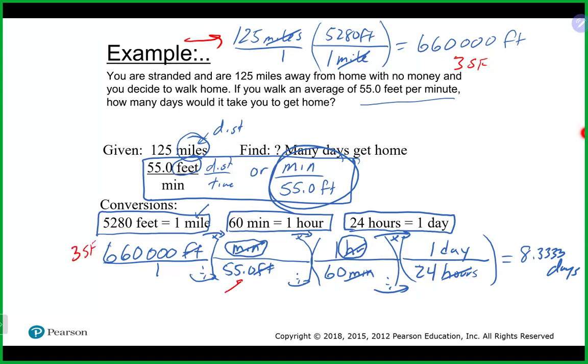This guy here we do need to look at because it's part of the problem conversion factor. That 55.0 is also 3 sig figs. This is exact, so we don't have to worry about it. That's exact, we don't have to worry about it. So really our answer should end up at 3 significant figures. And we should end up here with 8.33 days in that case. Provided you never stopped, it just kept going, that's what I was saying.